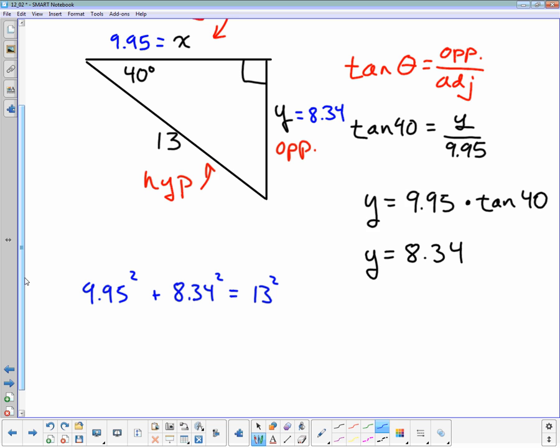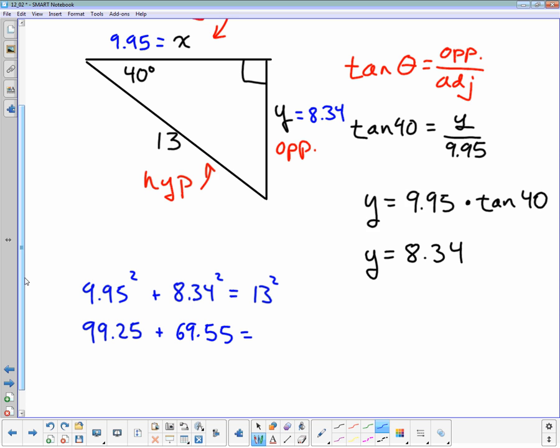And that should be equal to 99.25. And 8.4 squared, what's that? Yeah, but what's 8.34 squared? 16, what? 0.55.